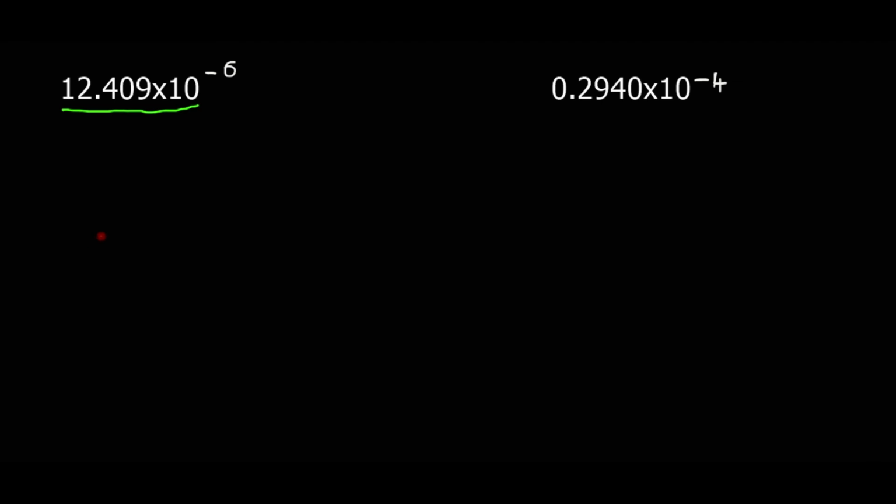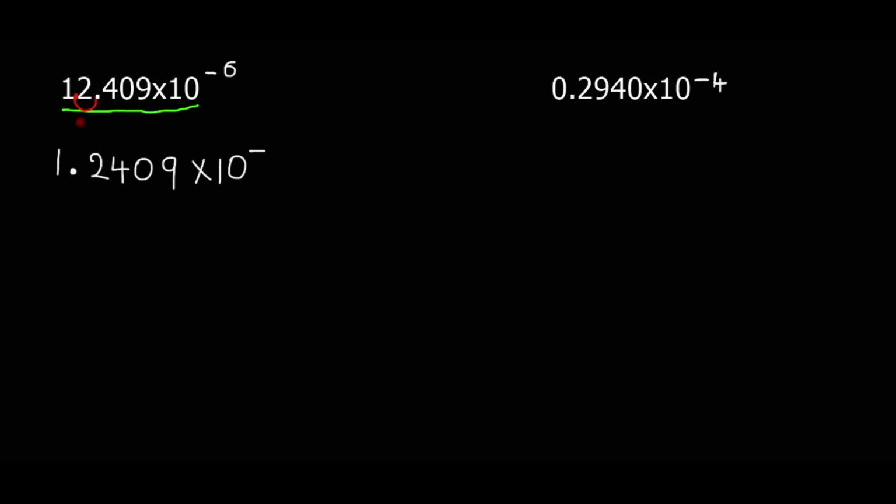For scientific notation, the decimal point must be in front of the first non-zero number. This means 1.2409 times 10. We take this decimal and move 1 unit to the left because it must be in front of the first non-zero number.